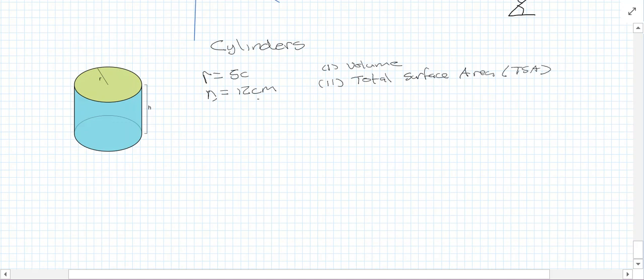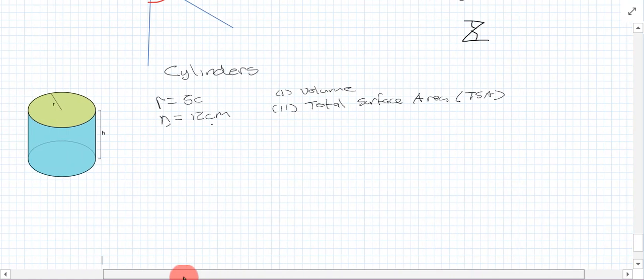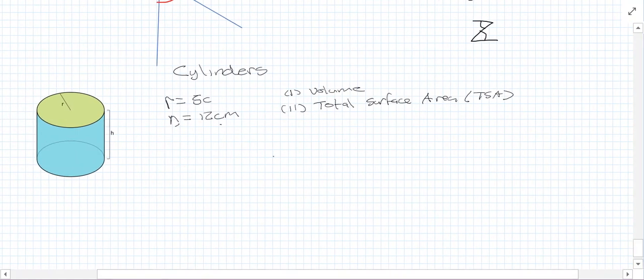So how would you go about getting the volume and area of a cylinder like that? That's what we want to talk about in this lesson. If we first focus on volume, we have a formula for the volume of a cylinder.